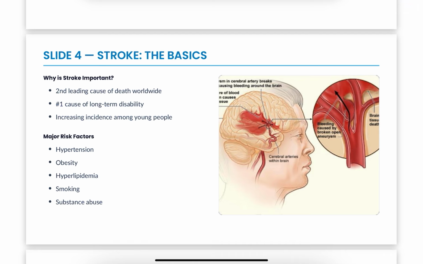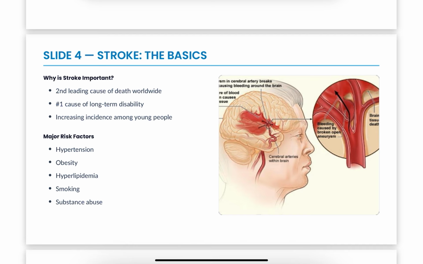Very important. We need to know that globally, stroke is the second leading cause of death, and it's actually the number one cause of long-term disability. Something particularly concerning is that we're seeing an increase in stroke among younger people. This is closely related to the increasing prevalence of conventional cardiovascular risk factors as well.